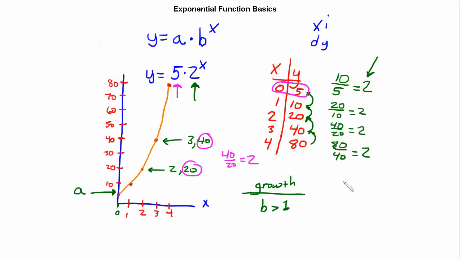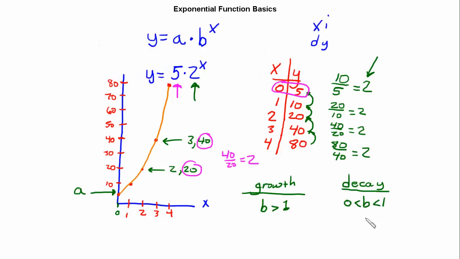If our b value is greater than 1, we have exponential growth. If we have exponential decay, our b value must be between 0 and 1. So it is greater than 0 and less than 1.